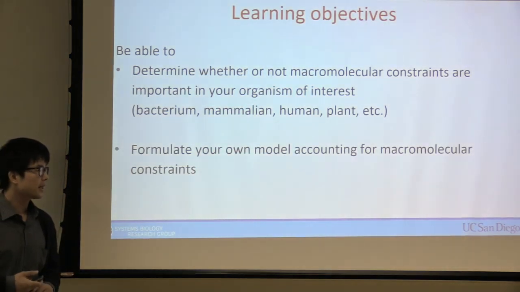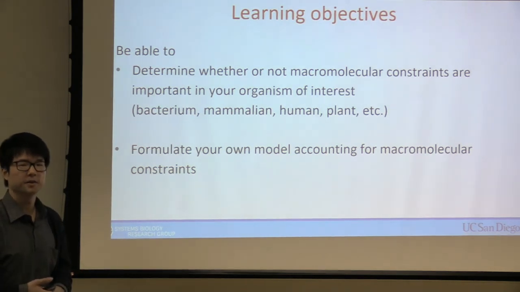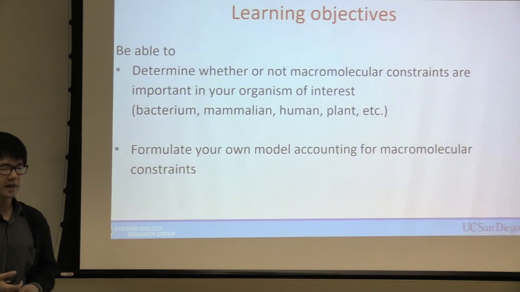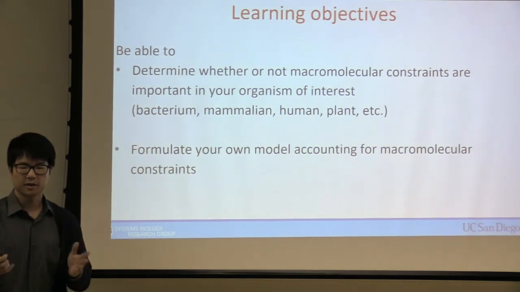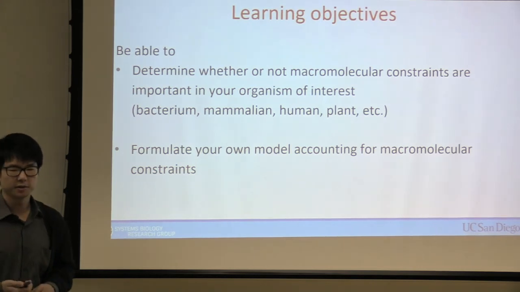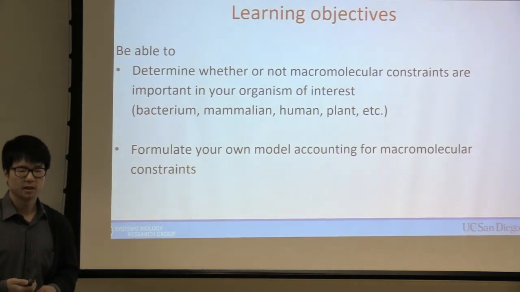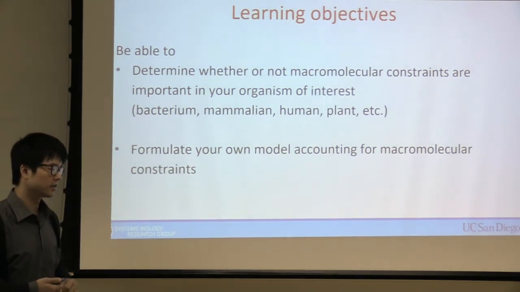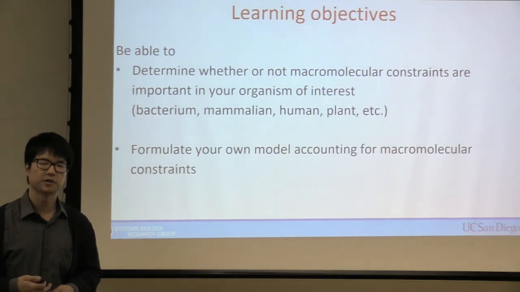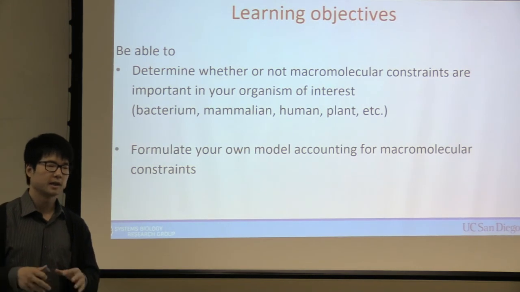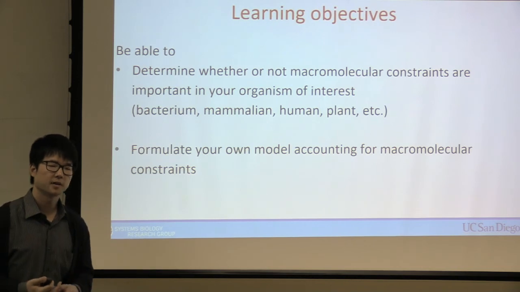So my intended learning objectives for this lecture were really for you to be able to walk out and look at your problem of interest and think, is there a macromolecular basis for the phenotype that I'm observing? Is there a reason to consider a flux capacity constraint? Is there a reason to consider a limited amount of proteome that is finite within the cell?